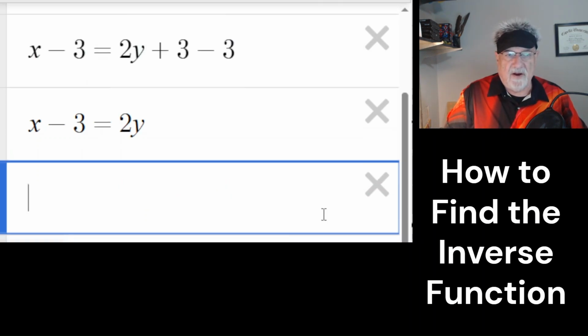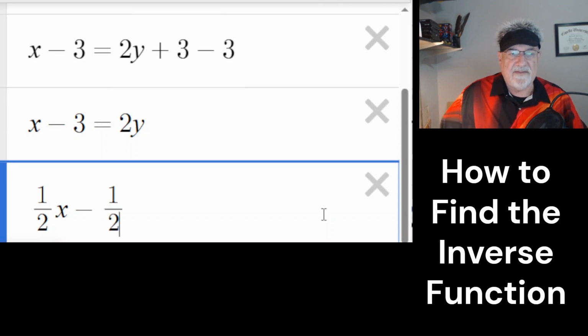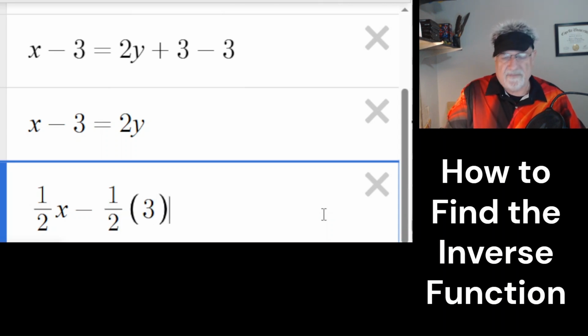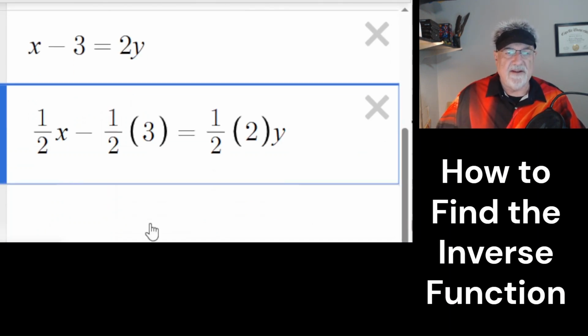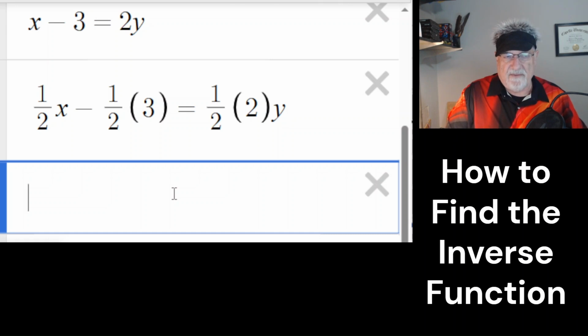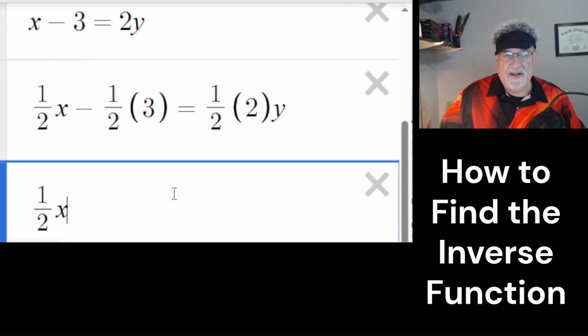If you have 1/2 times x minus 1/2 times 3 equals 1/2 times 2y, then you have 1/2 x that stays there, minus 3/2, because 3 is 3 over 1, and you just multiply 3 times 1/2 is 3/2, equals y.